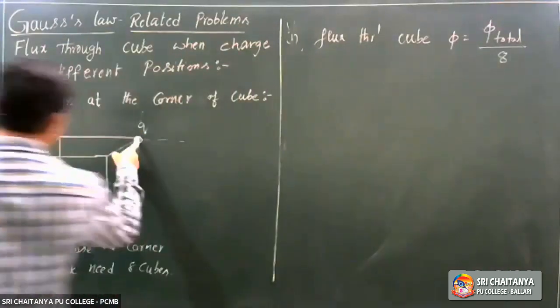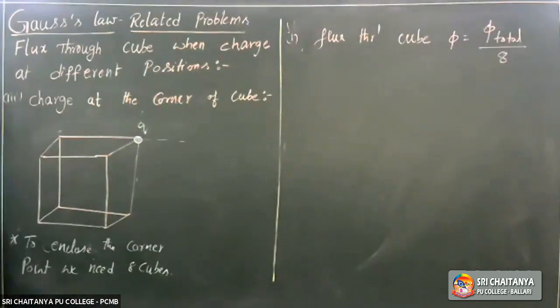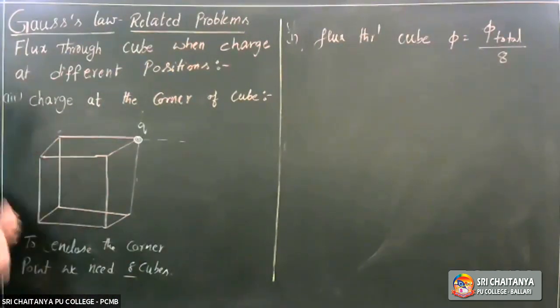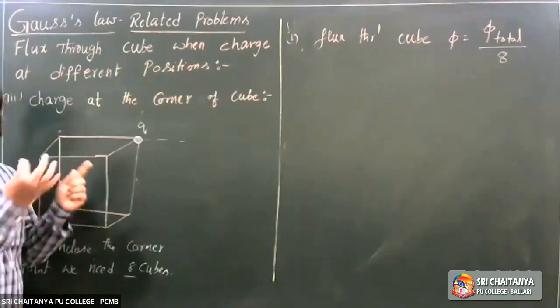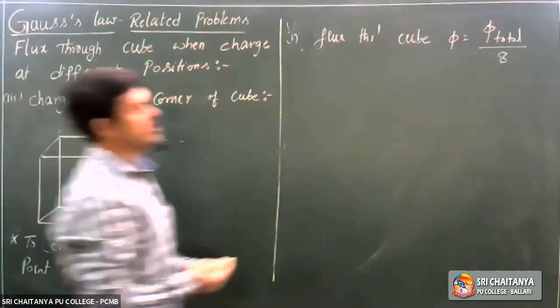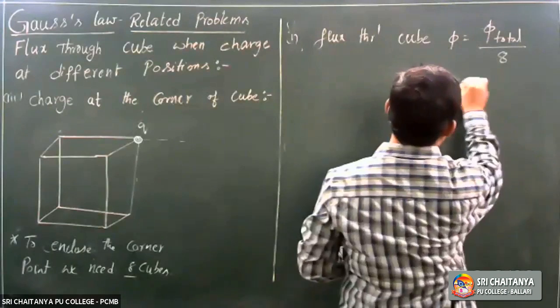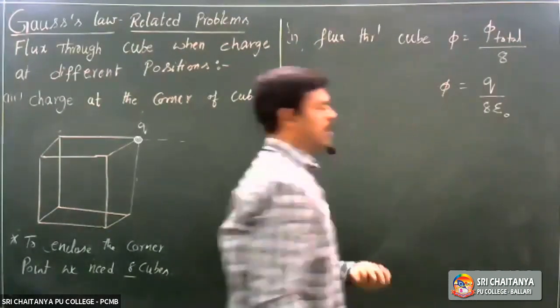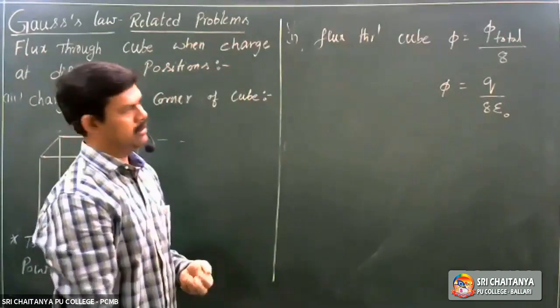Because to close this corner, surrounding 7 more required, totally 8 cubes required. So the total flux coming from this charge is divided by 8 cubes. Q by 8 epsilon naught.